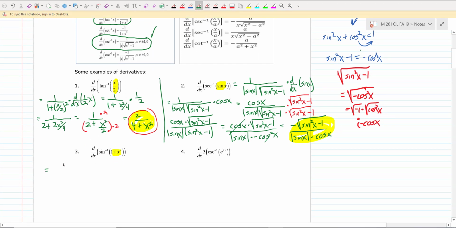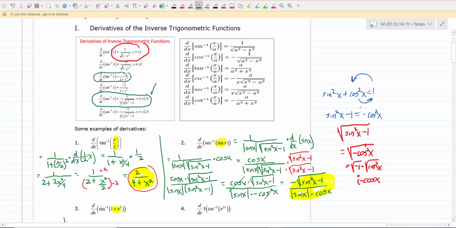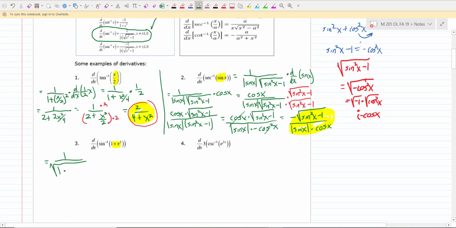So what that would be is 1 over the square root of 1 minus, not x squared, but 1 plus x squared, and then squared, and then you've got to multiply by the derivative of that function, 1 plus x squared. So if you're doing that chain rule, that goes in for x in that formula for the derivative, and you have to multiply by the derivative of that function. Okay, so let's do that and see what kind of simplifying we need to do.